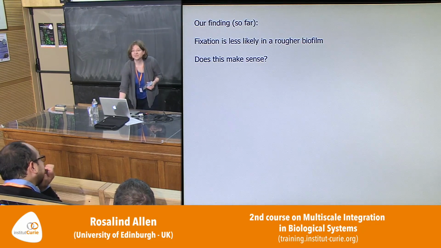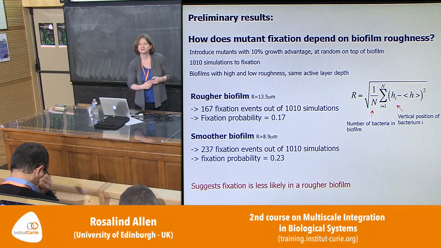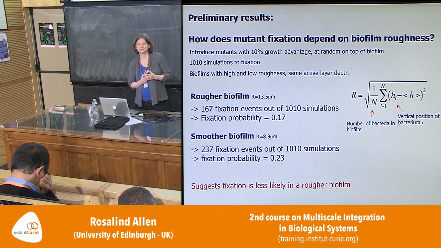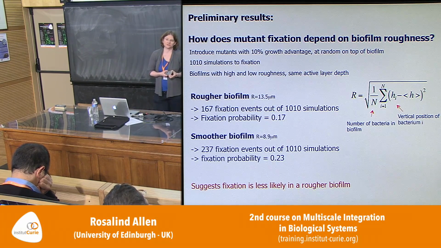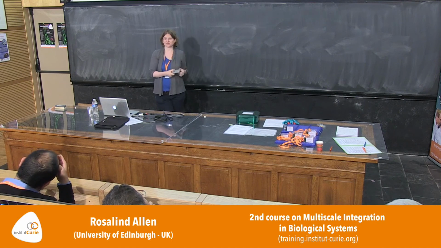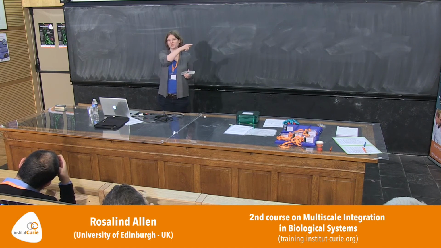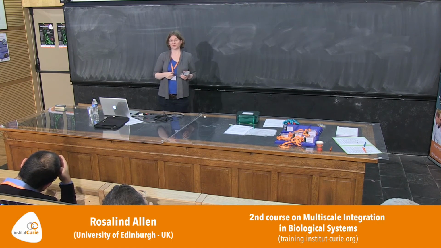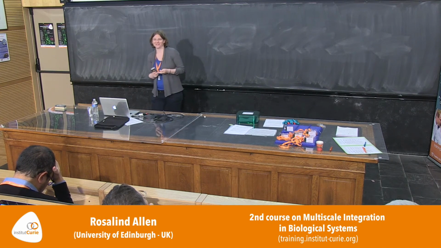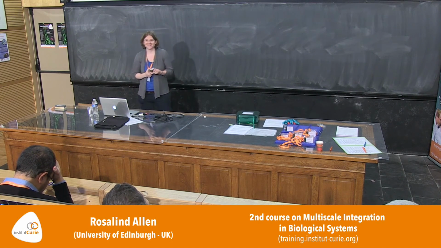So, in these rough biofilms, can you also look at the correlation with the position where you insert this mutant? Yes, that's what we're trying to do now, actually. What Gavin did in these preliminary simulations is he just picked a horizontal point and stuck it on top of the biofilm. You can argue all kinds of reasons why that's not a good way to do it, and indeed I did.